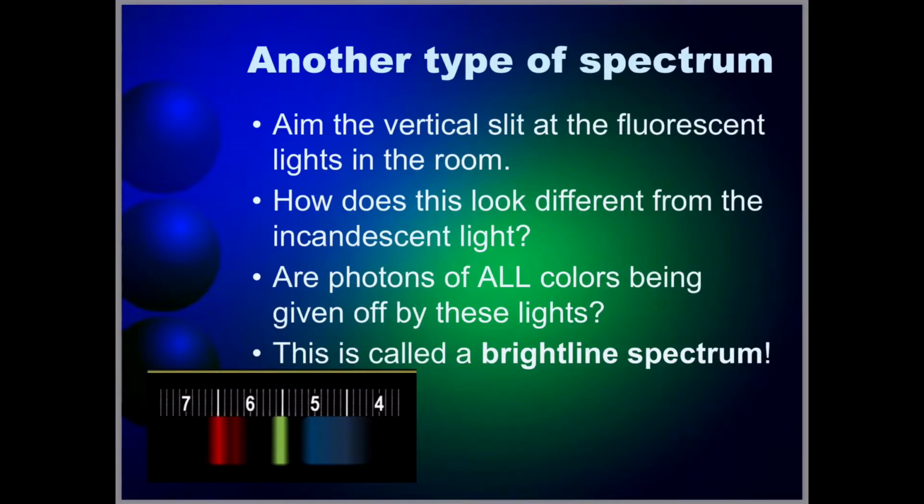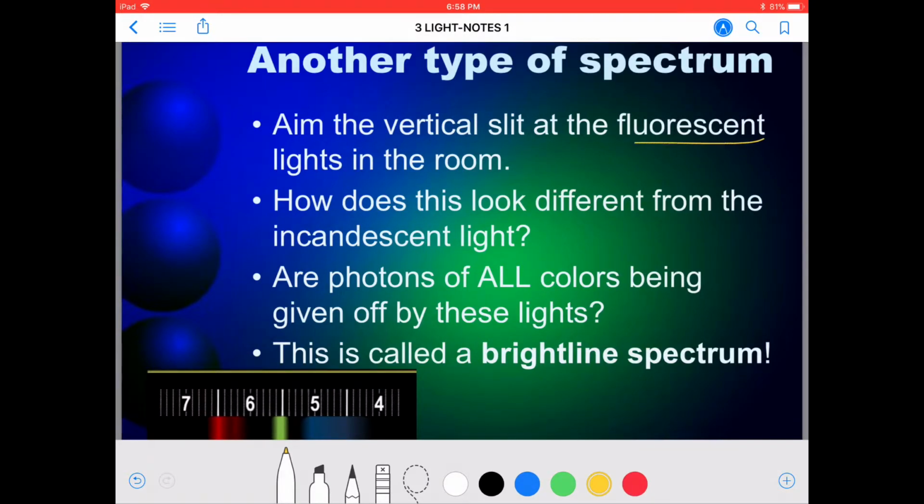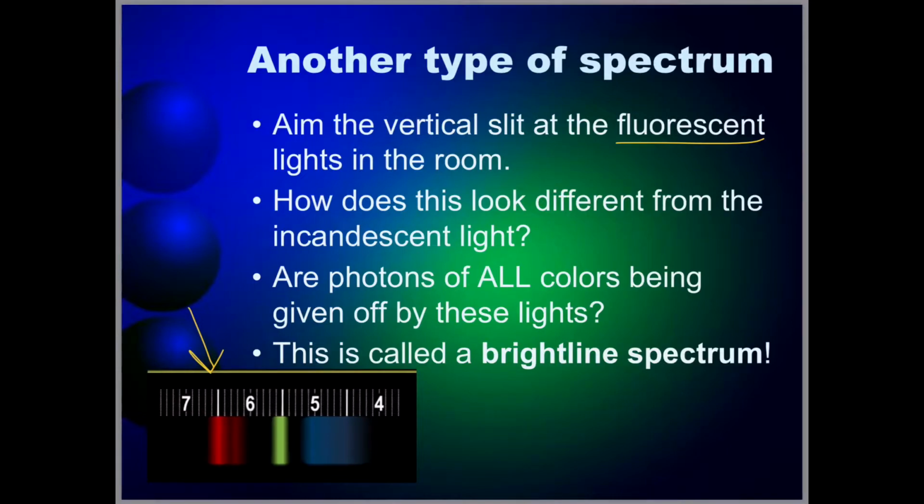Now, another type of spectrum that we saw with the spectroscopes is when we looked at a fluorescent light. When we looked at the fluorescent light, we saw a spectrum that looked like this down here. You can see that there are gaps in between the colors. Not all of the colors are being viewed here.